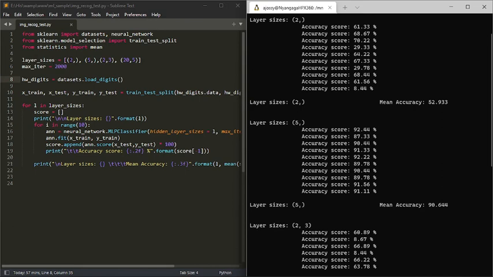Now, in this case, I have picked 4 different models. The first has only 2 neurons. The second has 5 neurons. The third has 2 layers, one layer with 2 neurons, the second layer with 3 neurons. And the fourth has one layer with 20 neurons and another layer with 5 neurons.